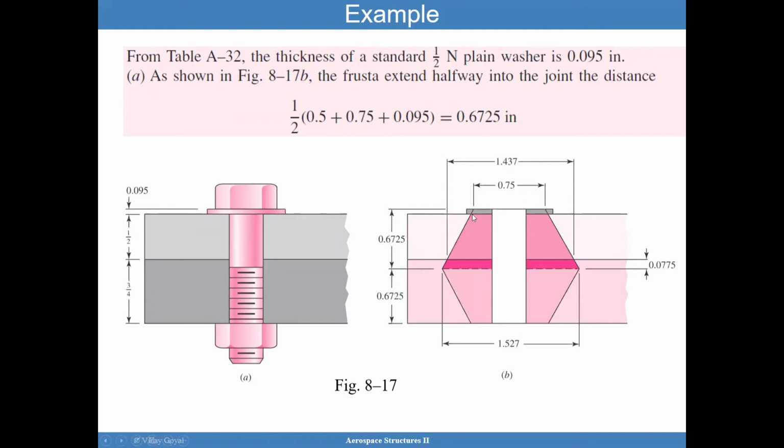Realize that this piece of the frustrum overlays on the steel. The bottom one here, this frustrum in red, is now on the cast iron, and then you have this bottom frustrum, which is in the cast iron as well. So we found our halfway point into the joint, which is an important consideration.